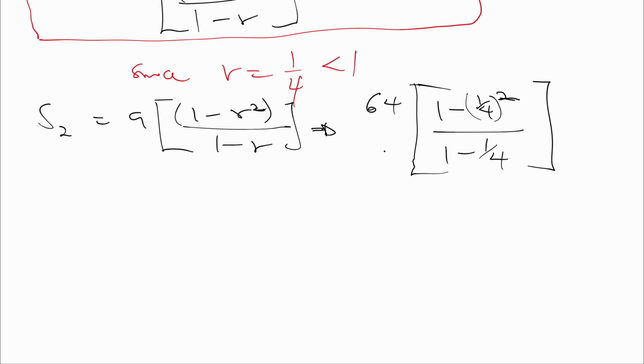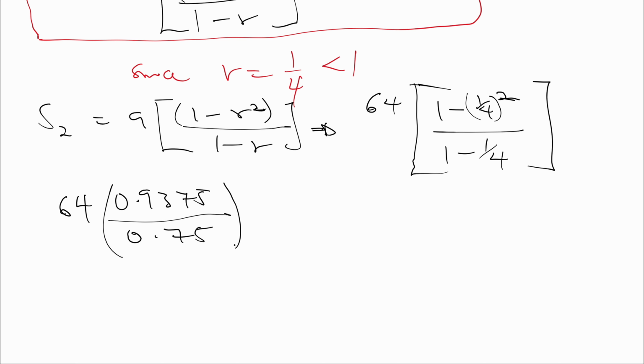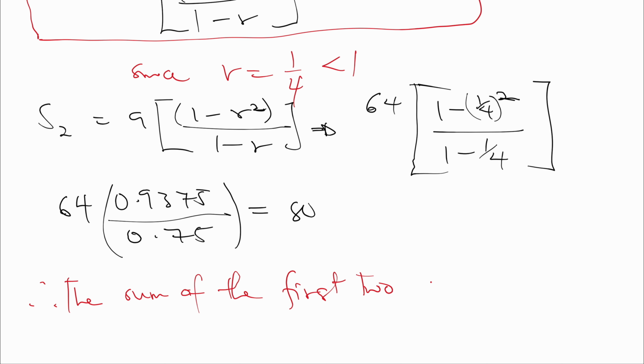So when you punch this on the calculator, you should have 64 multiplying 0.9375 all over 0.75. And this should give us 80. So therefore, the sum of the first two terms is 80. So this brings us to the end of question 1.